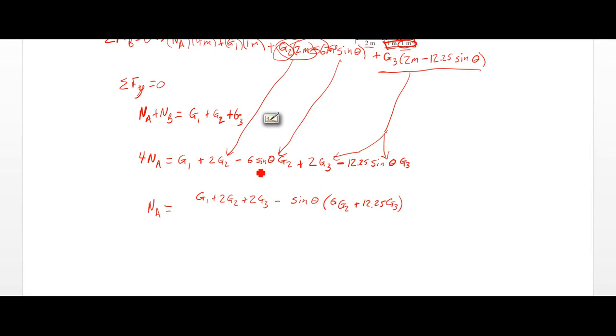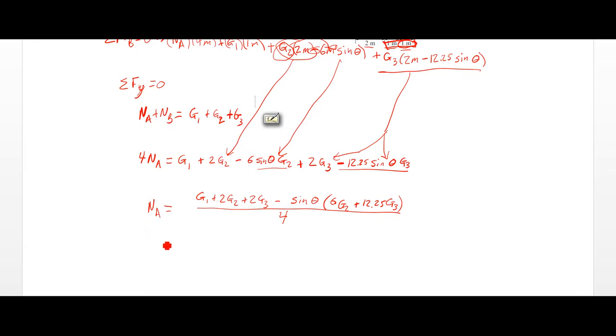So I combined this term and took the sine theta out front here, and so I have the negative sine theta, so this is 6G2 plus 12.25 G3, and that's all going to be over 4. And so as sine theta changes, I can calculate what that normal reaction at A is.